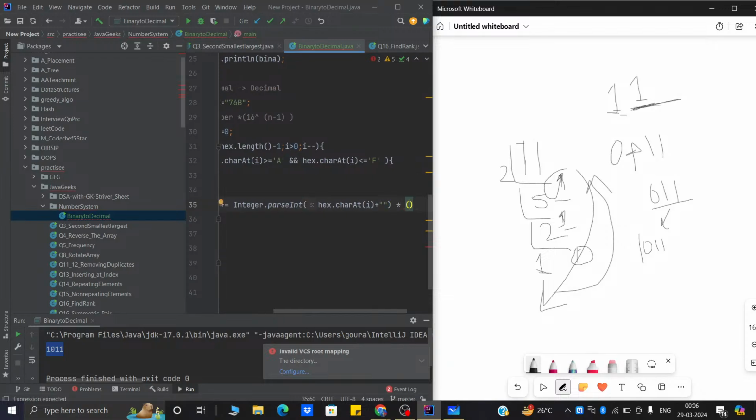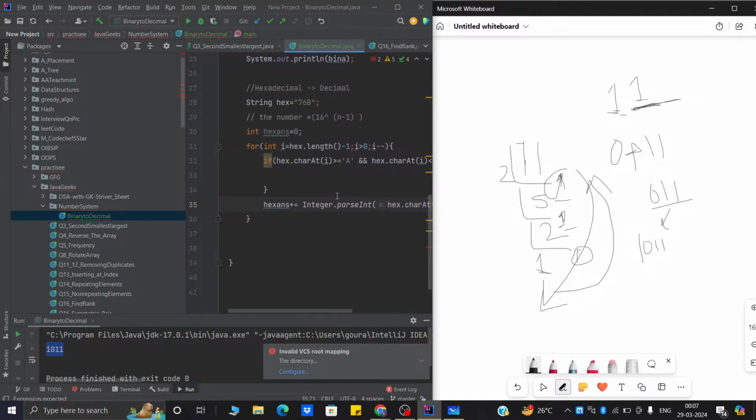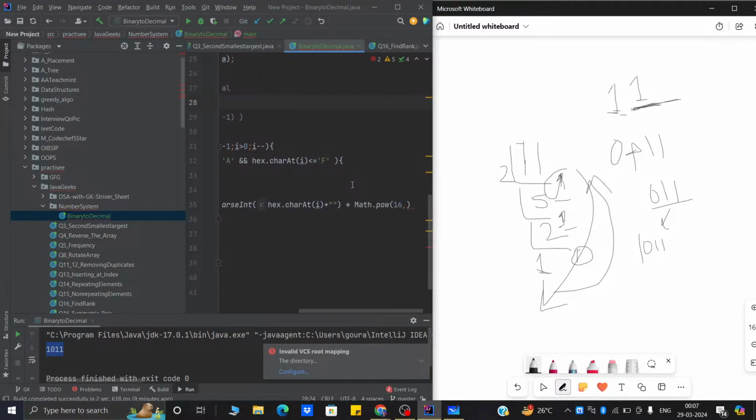Into Math dot pow of 16 comma 0, right? First one is 0. So what will happen is 16 comma i minus, what is i here? i here is 2. I have to make it a 0. 3 minus 2. How can I make it a 0, bro? Like iterating this from the last one.